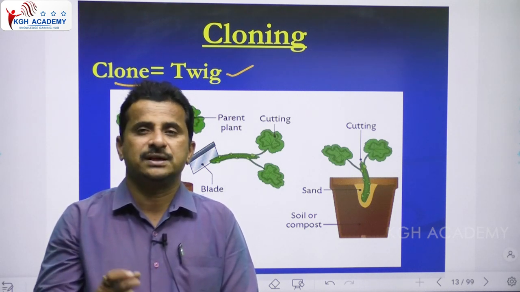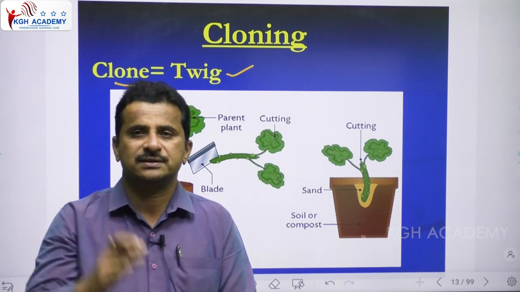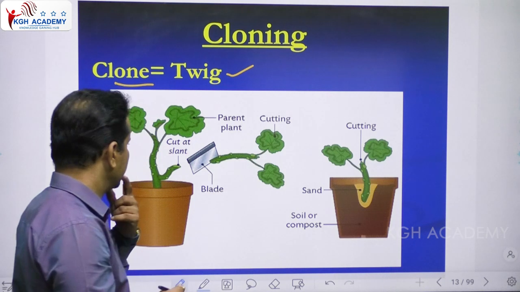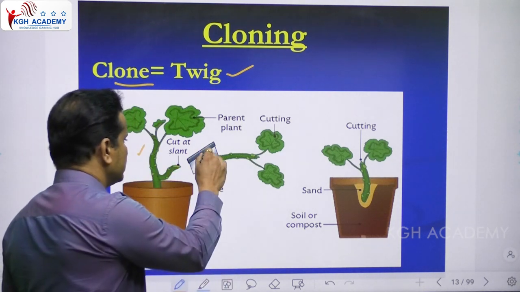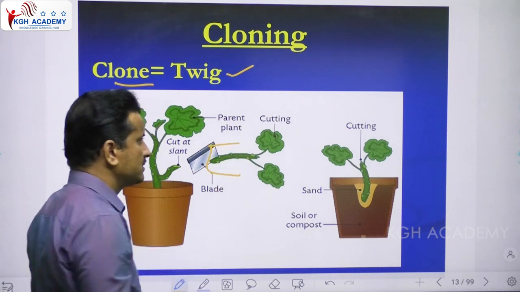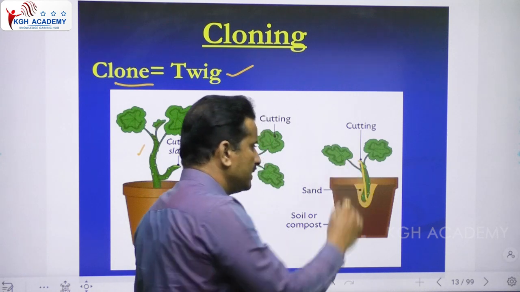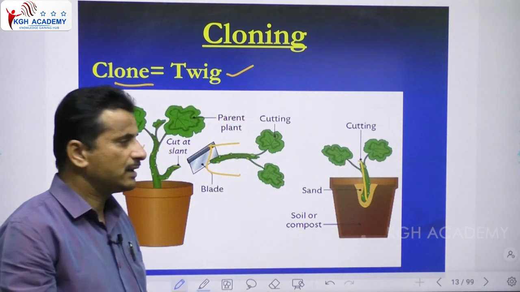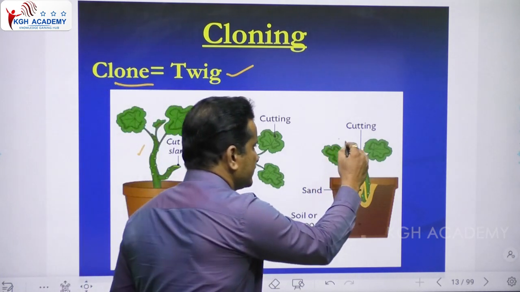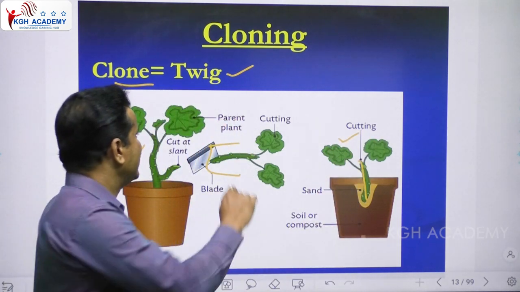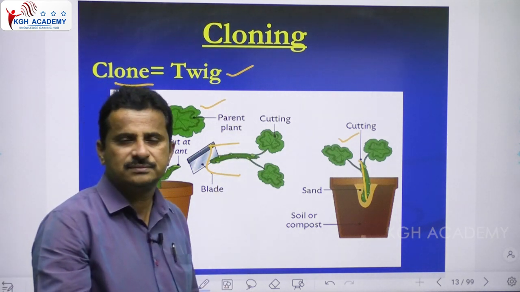Clonal propagated plants all show the same characters. For example, you see here, this is one plant, we separated a branch, a stem cutting, and here we are growing this branch in a pot, and this plant and this plant are exactly the same, like Xerox copies.